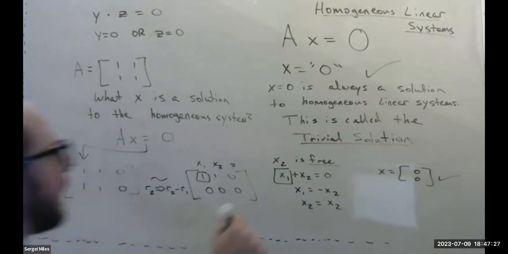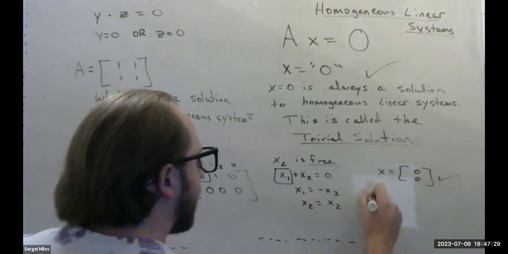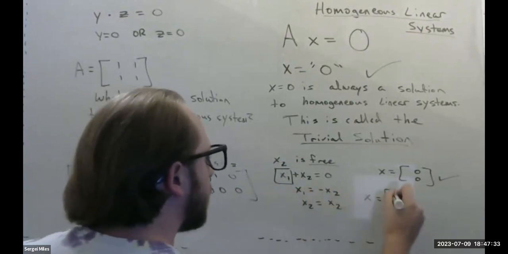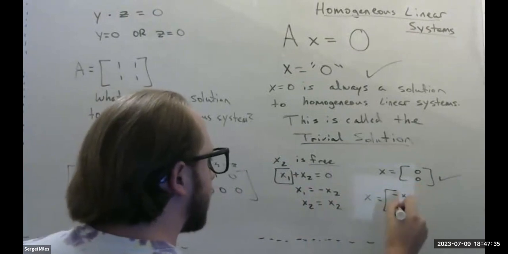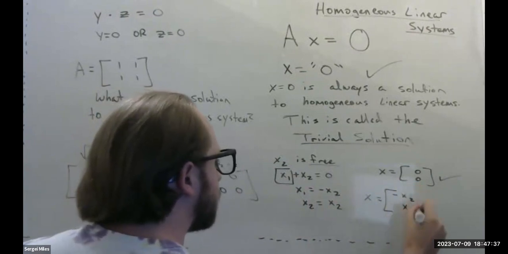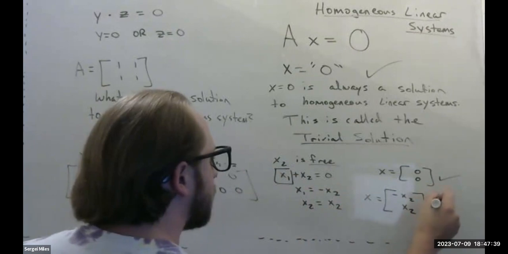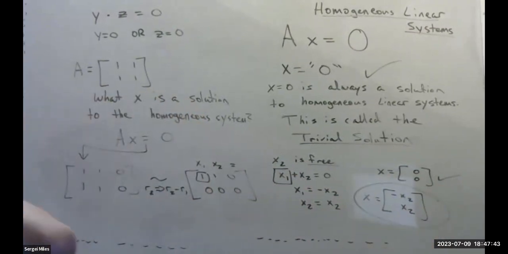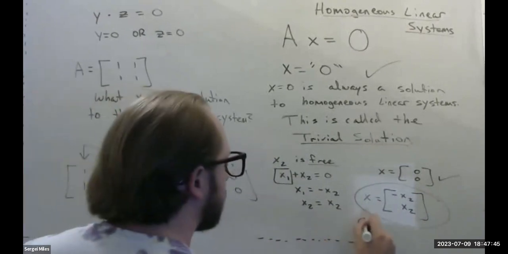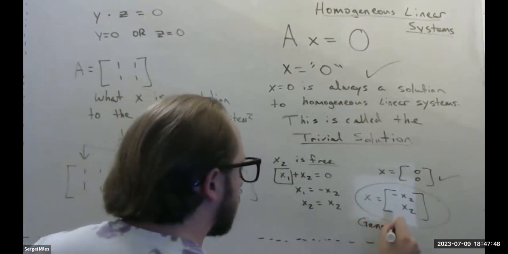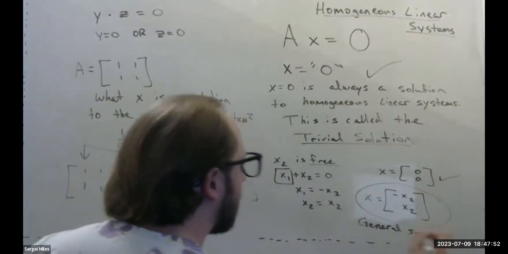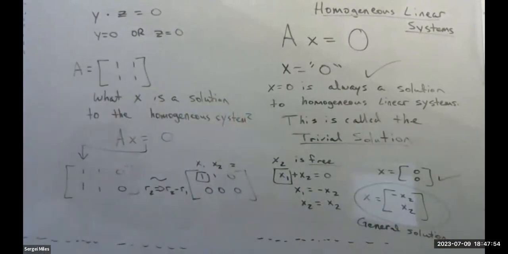So what does that mean? Our vector x takes this form, where x1 equals negative x2, and x2 is x2. This is then our solution, or in other words, a general solution. I haven't given you a single vector as an answer. I've just said, whatever x2 you pick, that's going to work.